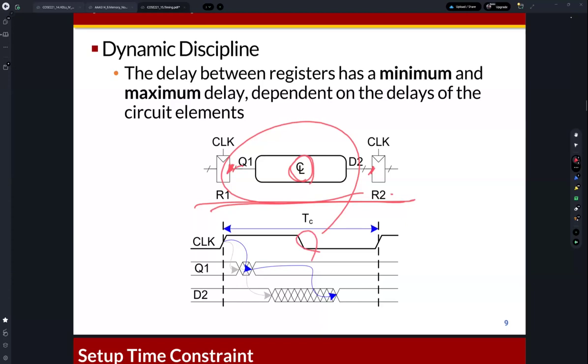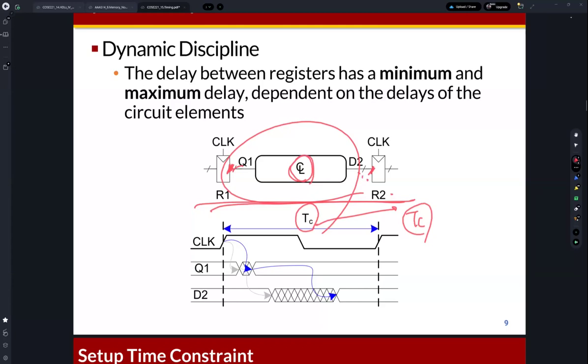We can find the TC is here. So TC is the clock period, right? And then we can calculate the minimum delay of this circuit and the maximum delay of this circuit.